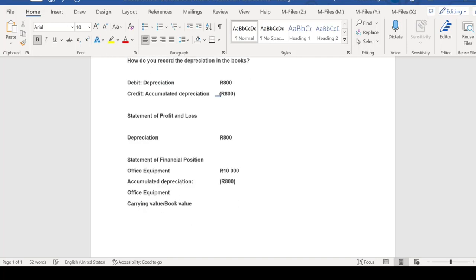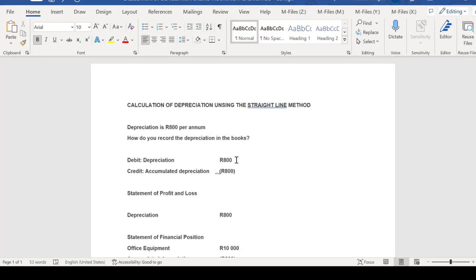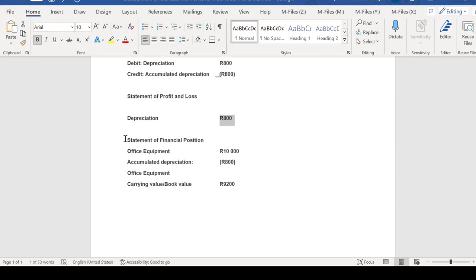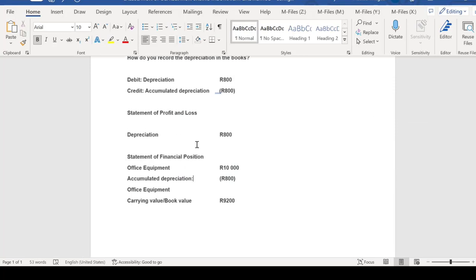What will be the carrying value or book value of this asset? It will be 9,200, which is 10,000 minus 800. Can you see the recording? If you've calculated depreciation, this is how you record it. The 800 will be part of your profit and loss, and the equipment and the accumulated depreciation will form part of the statement of financial position.